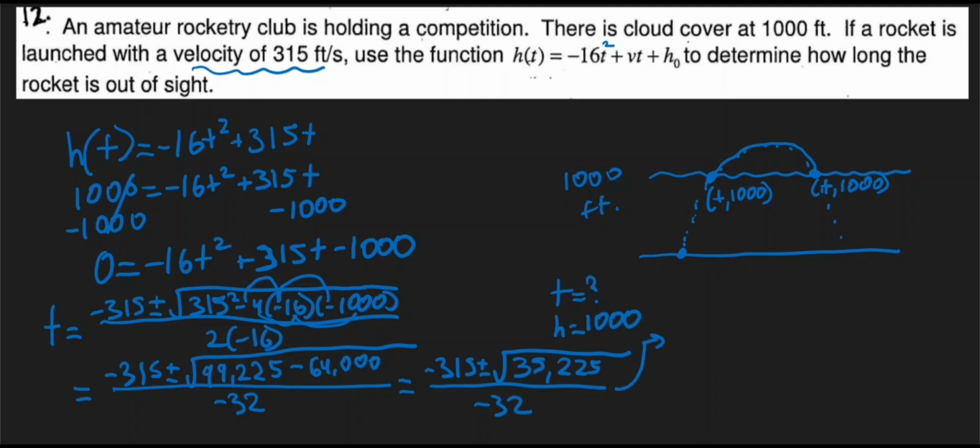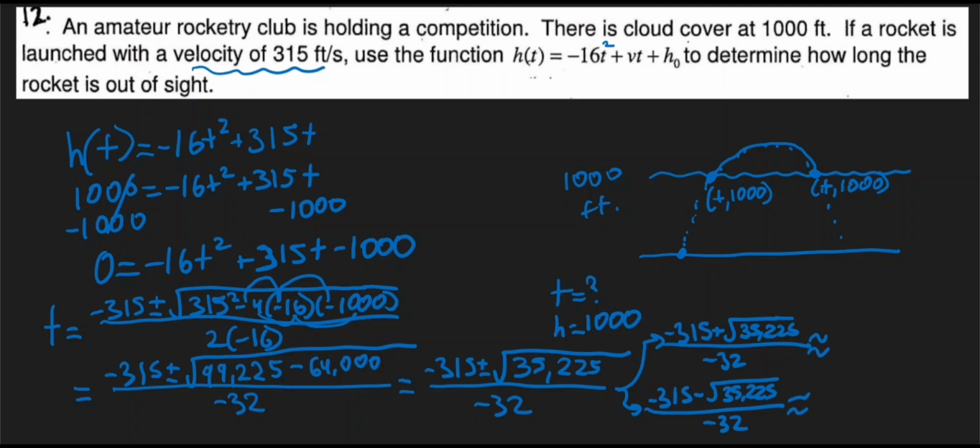The first of which would be negative 315 plus the square root of 35,225, divided by negative 32. And the second one being the minus version, so that's negative 315 minus the square root of 35,225, divided by negative 32. All right, and let's plug these into the calculator.